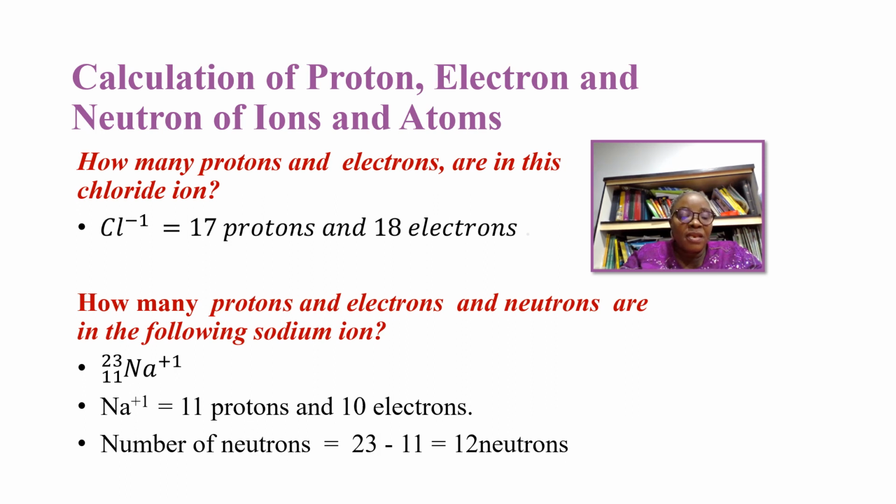From this, we put the 23, which is the mass number, minus the number of protons, and we'll be able to calculate our number of neutrons. 23 minus 11 will give us 12 neutrons.